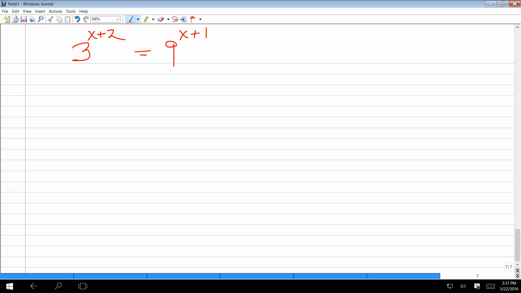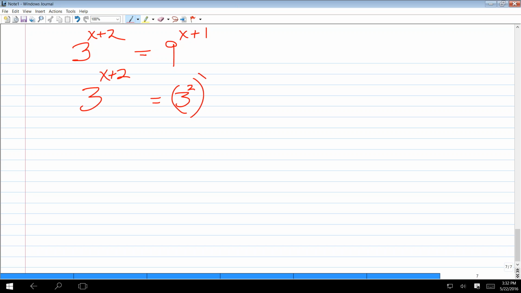By finding a common exponential base between 3 and 9. What is that common exponential base? 3. Okay, so I can write 3 to the x plus 2, and over here I'm going to call this 3 squared instead of 9. And I'm going to put it in parentheses like that.